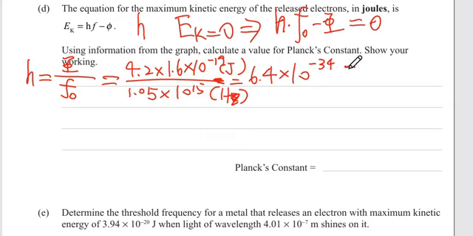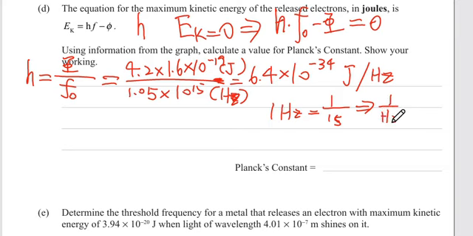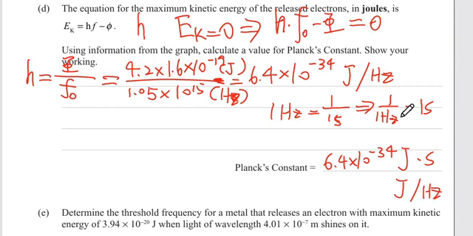It is going to be joule per hertz. And we also know that 1 hertz is 1 over 1 second, so 1 over 1 hertz is equal to 1 second. So we can say Planck's constant is 6.4 times 10 to the power of negative 34 joule second, or joule per hertz. I think both are okay.